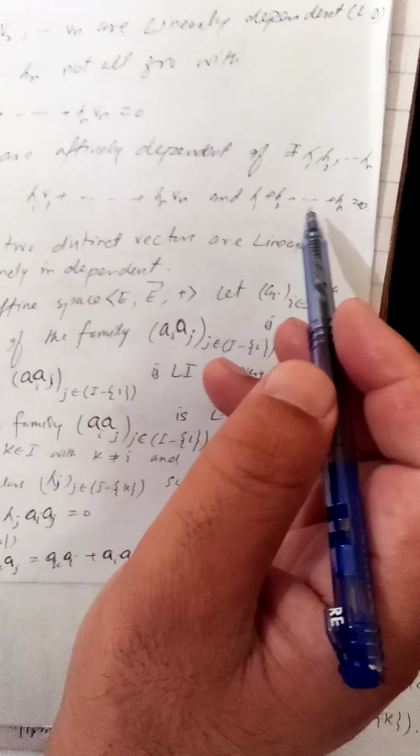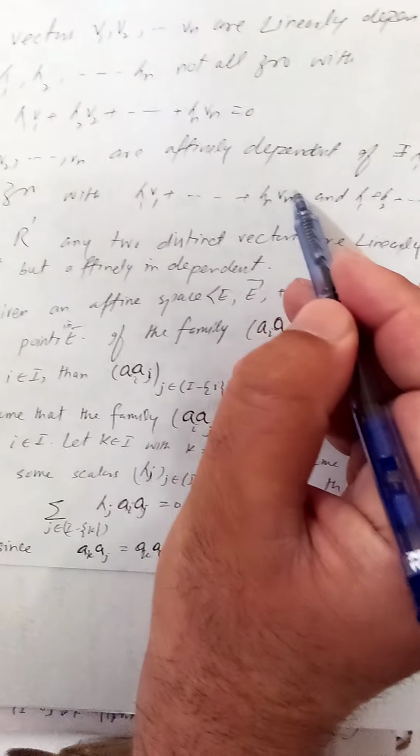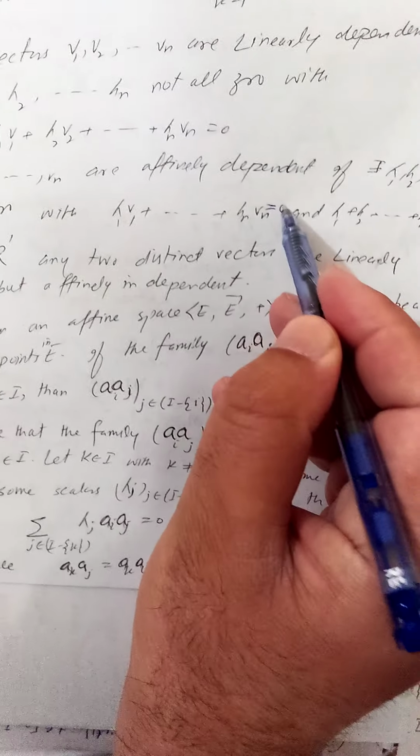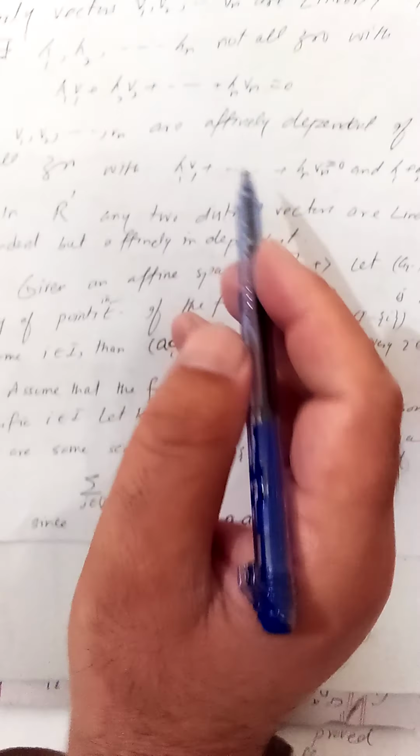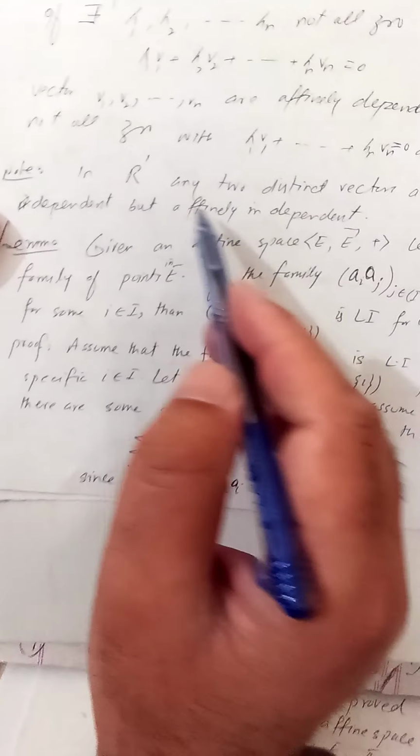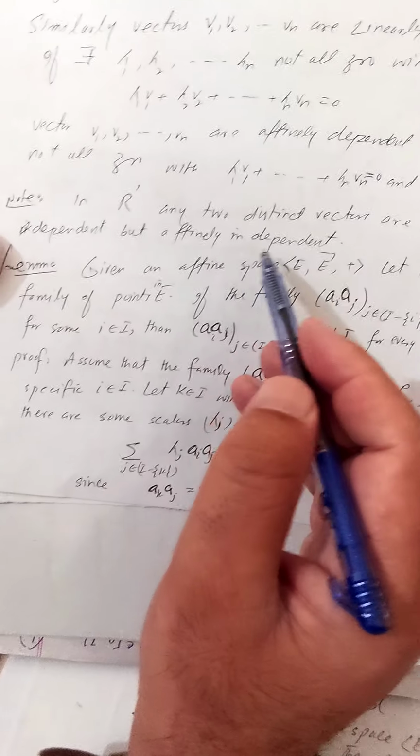If the sum of the scalars becomes 0 and the linear combination is equal to 0, such a combination is called affinely dependent vectors. In R1, any two distinct vectors are linearly dependent but affinely independent.